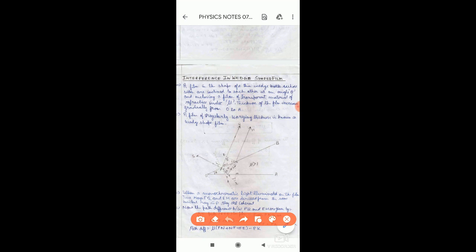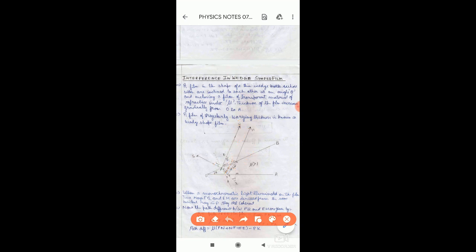Now we will discuss the interference in wedge shape film. Suppose a monochromatic light is illuminated on the film, and two rays PQ and EH, as shown in the figure, are derived from the same incident ray SP.